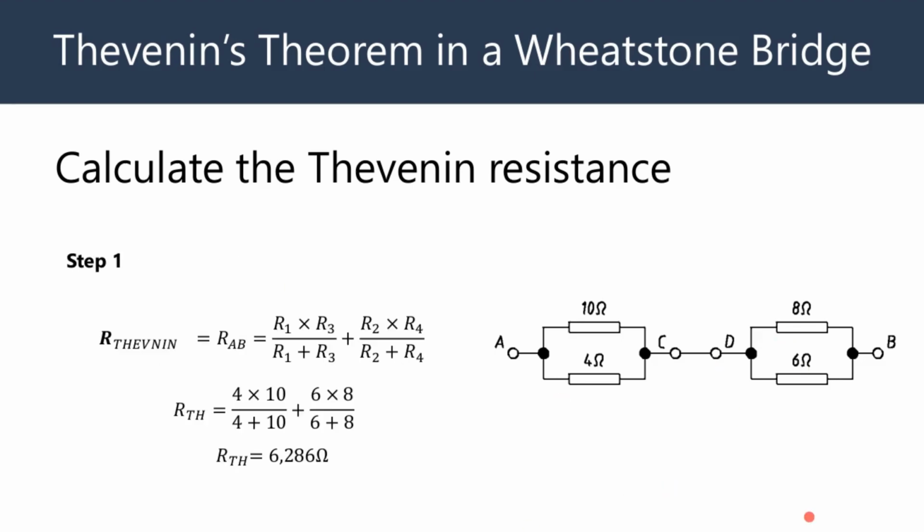So I can calculate the Thevenin resistance: R1 times R3 over R1 plus R3, plus R2 times R4 over R2 plus R4. We get 6.286 ohms. All right, so you guys are all right with that?